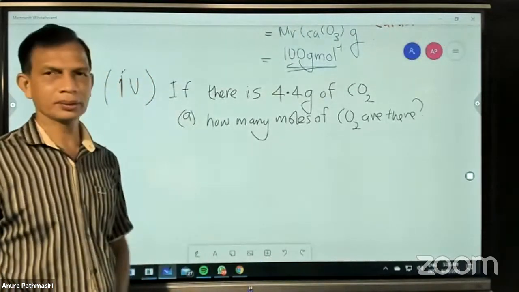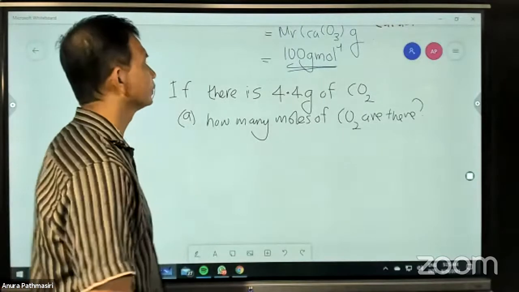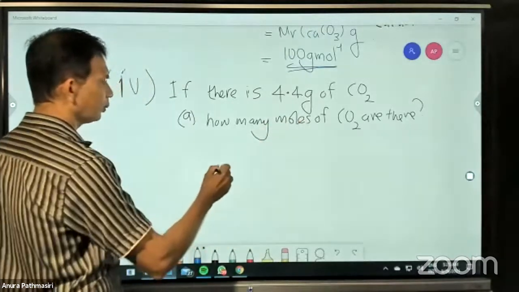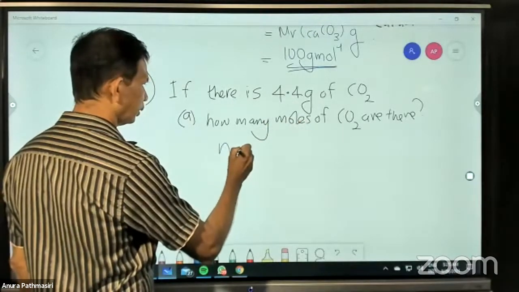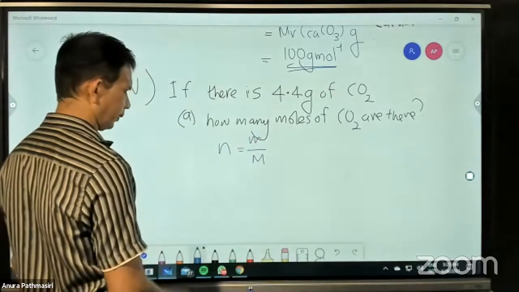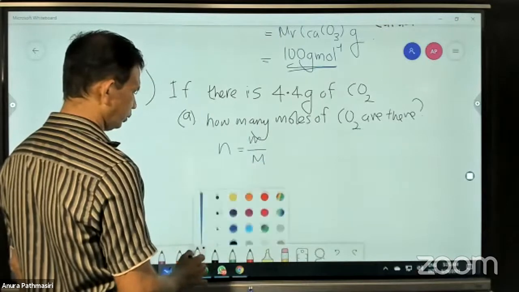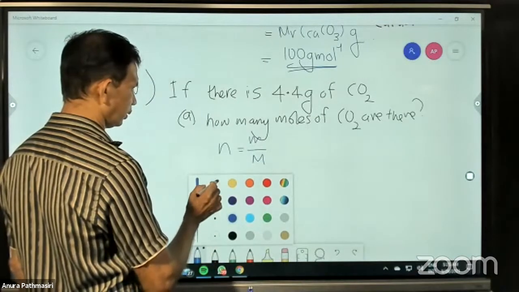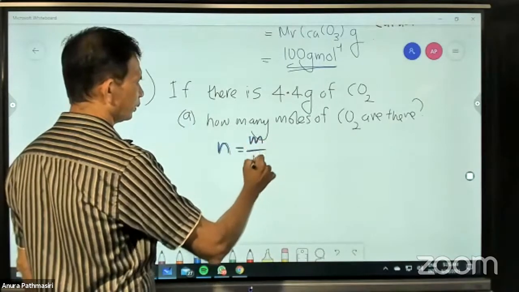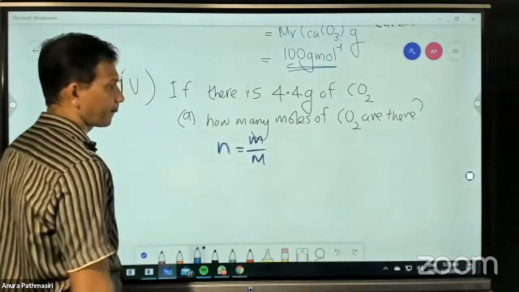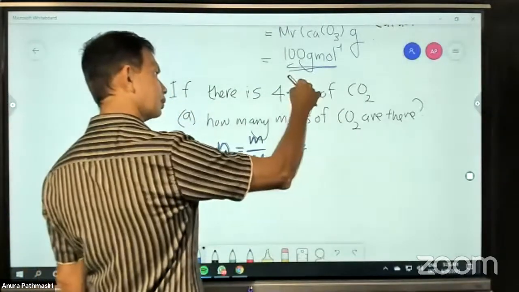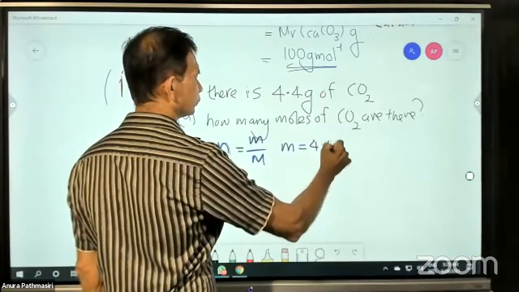Number of moles is calculated by n equals small m over capital M. Small m is the given mass, 4.4 grams.